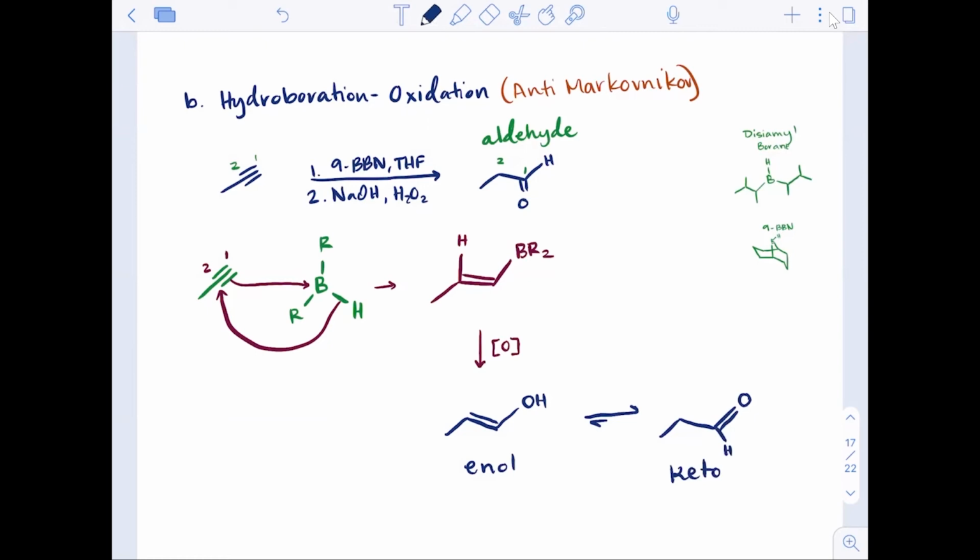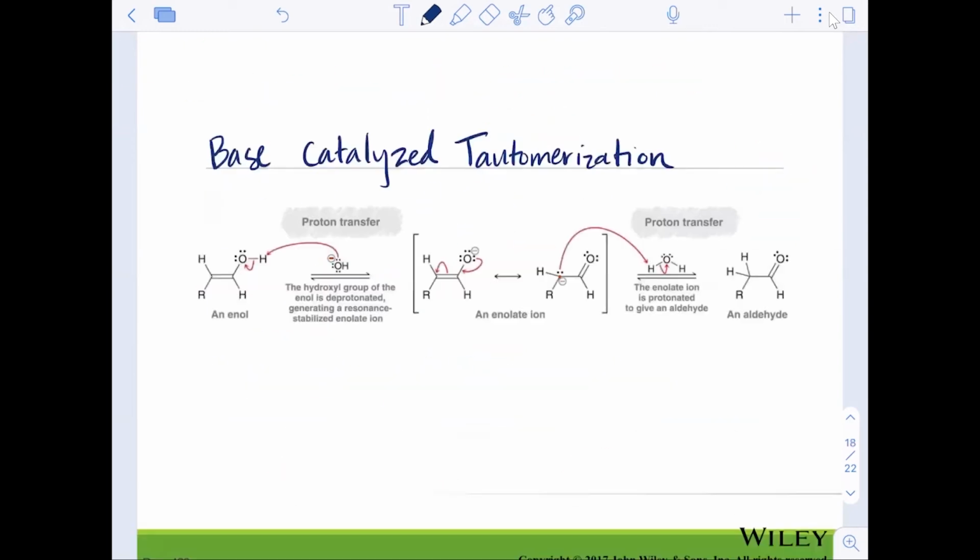Tautomerization will favor the carbon-oxygen double bond, just like it did before. Just now, remember in step number 2, we are in sodium hydroxide, so we are base catalyzed. Let's go ahead and look at that tautomerization. Here we see that proton transfer is also occurring, just this time, it's the proton of the alcohol that is being pulled off. Again, we see resonance stabilizing that enolate ion intermediate.